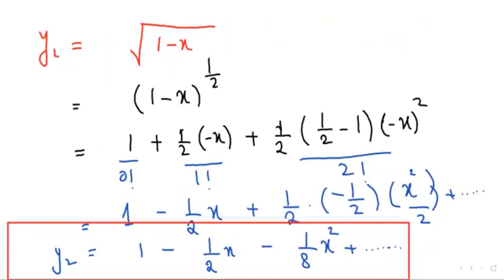So our y would be, this is our y1: 1 minus half ax plus 3 by 8 a squared x squared.